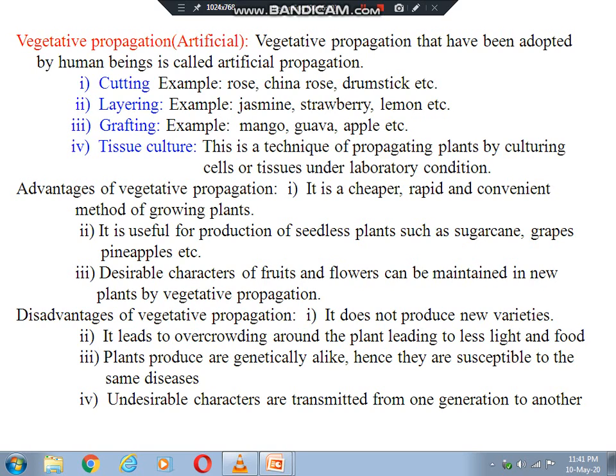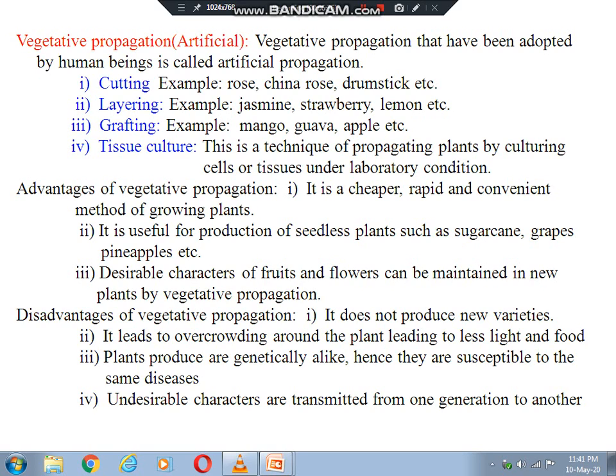Number 4, undesirable characters are transmitted from one generation to another. If the parent plants are having undesirable characteristics, these undesirable characteristics will be transmitted into their offsprings. So these are some of the disadvantages of vegetative propagation.